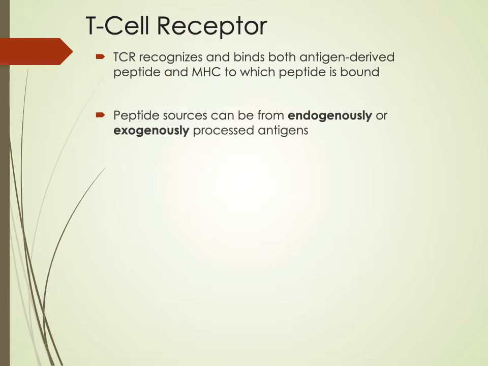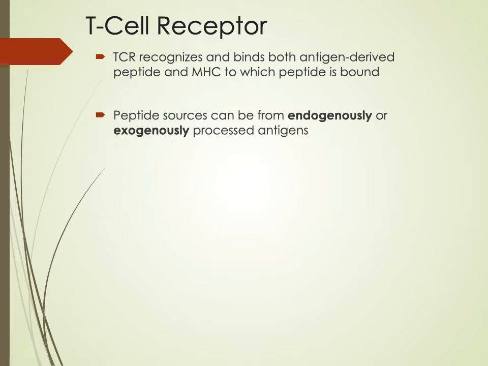The T cell receptor recognizes and binds both the antigen-derived peptide and also the MHC. So there are going to be binding sites that are antigen specific, and there are also going to be binding sites that allow and stabilize the interactions between the T cell receptor and the MHC on the antigen presenting cell or the other immune cell.